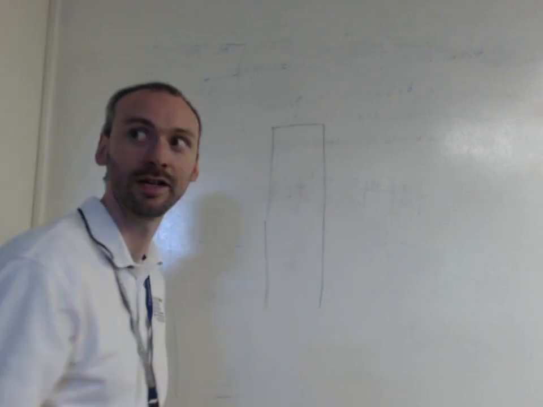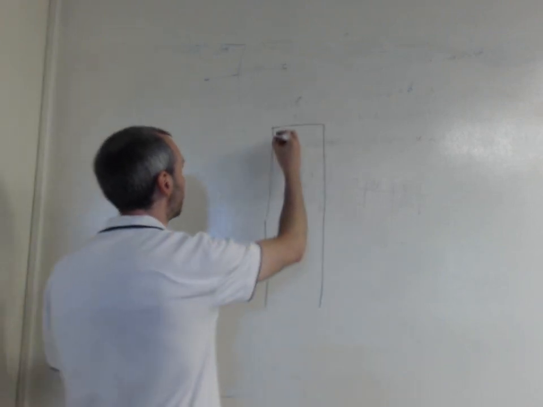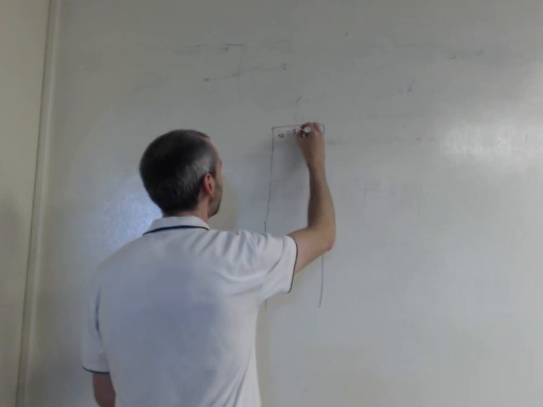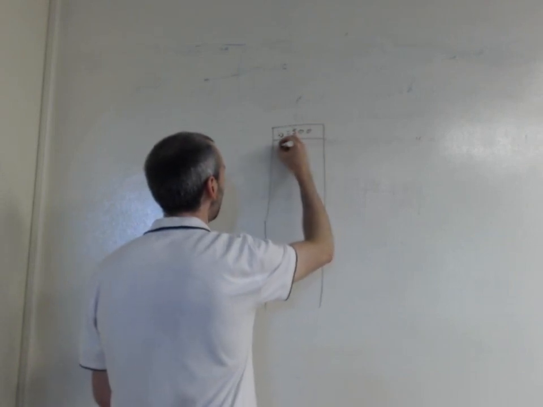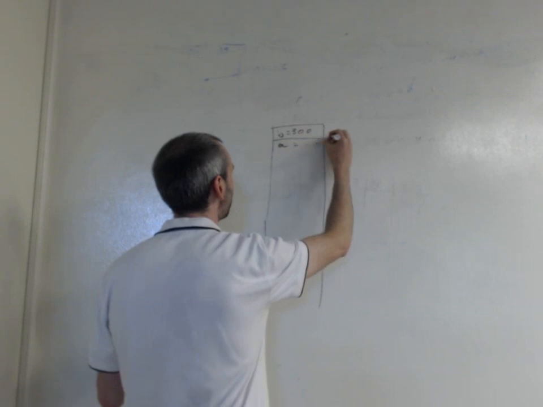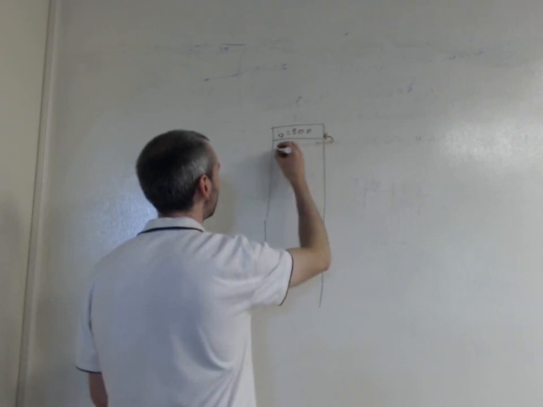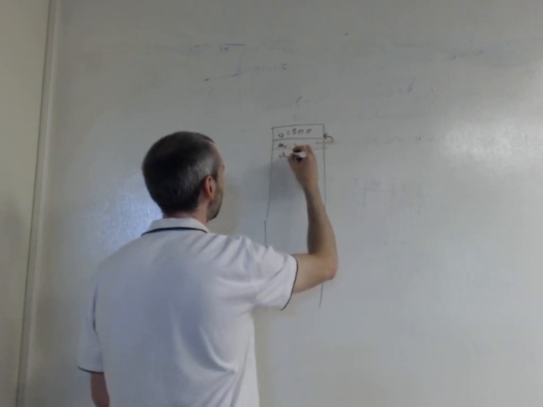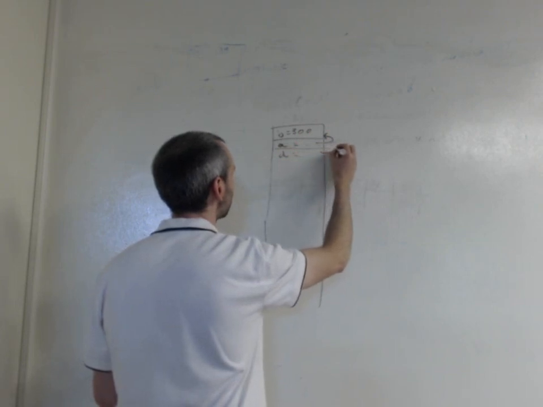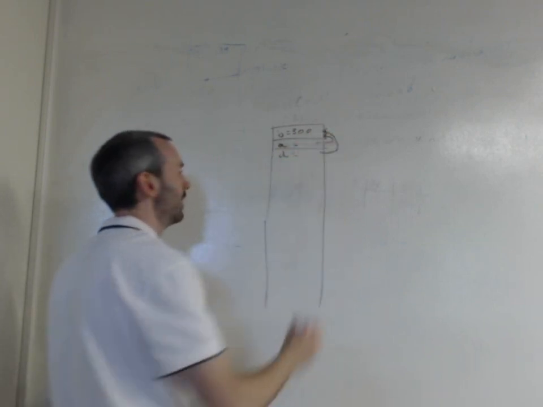Is that too light? Marker's slowly dying. No, we're good. All right. So b equals 300. a equals a pointer to b. d equals also a pointer to b.